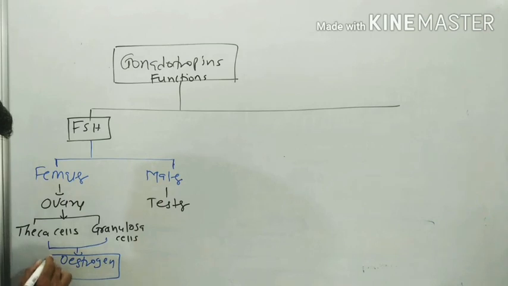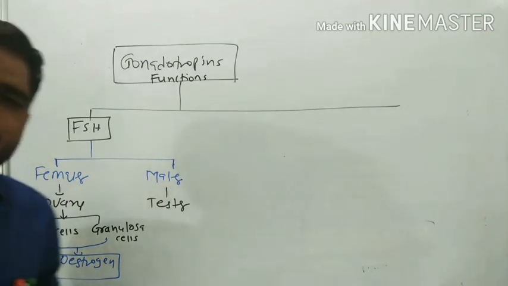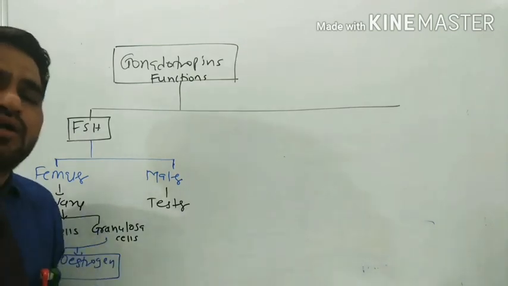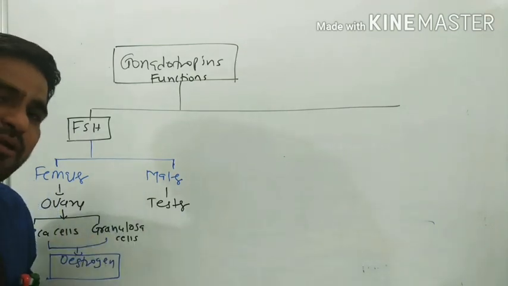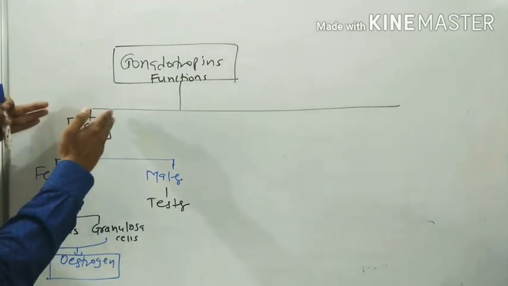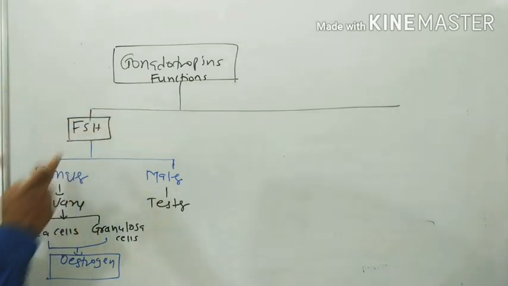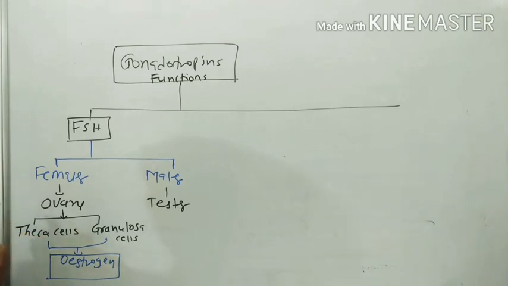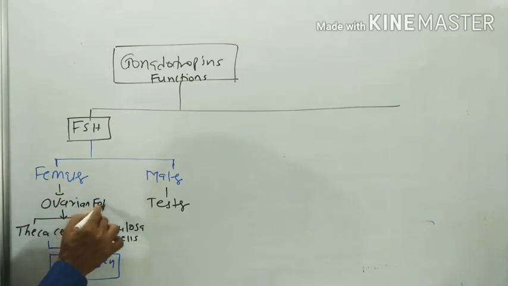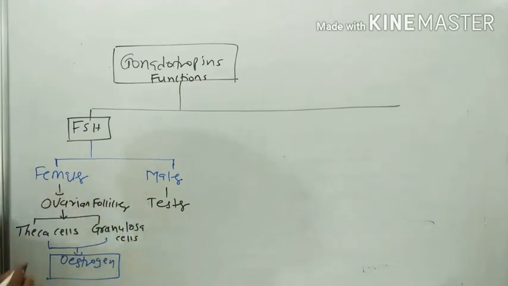Estrogen, you all know, is one of the steroid hormones of the body, which primarily controls the development of secondary sexual characters in females. So this is the action of FSH in females. It acts on the ovary, or basically on ovarian follicles.